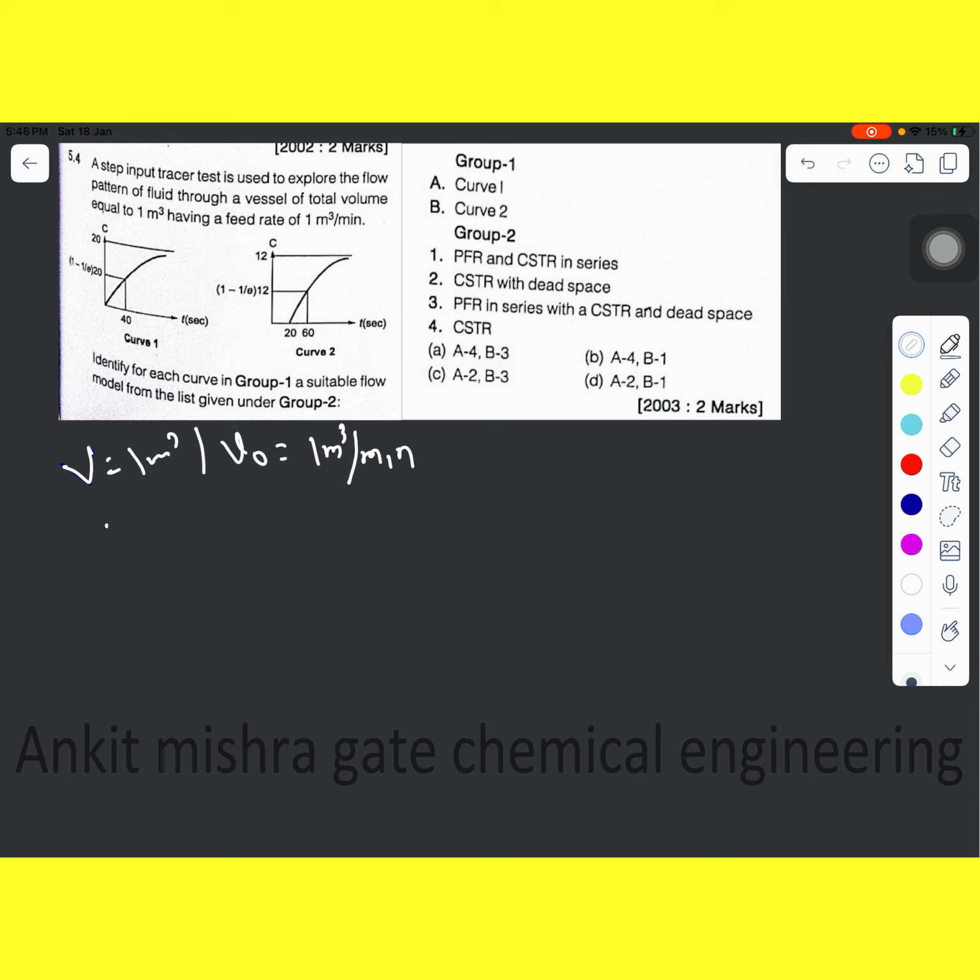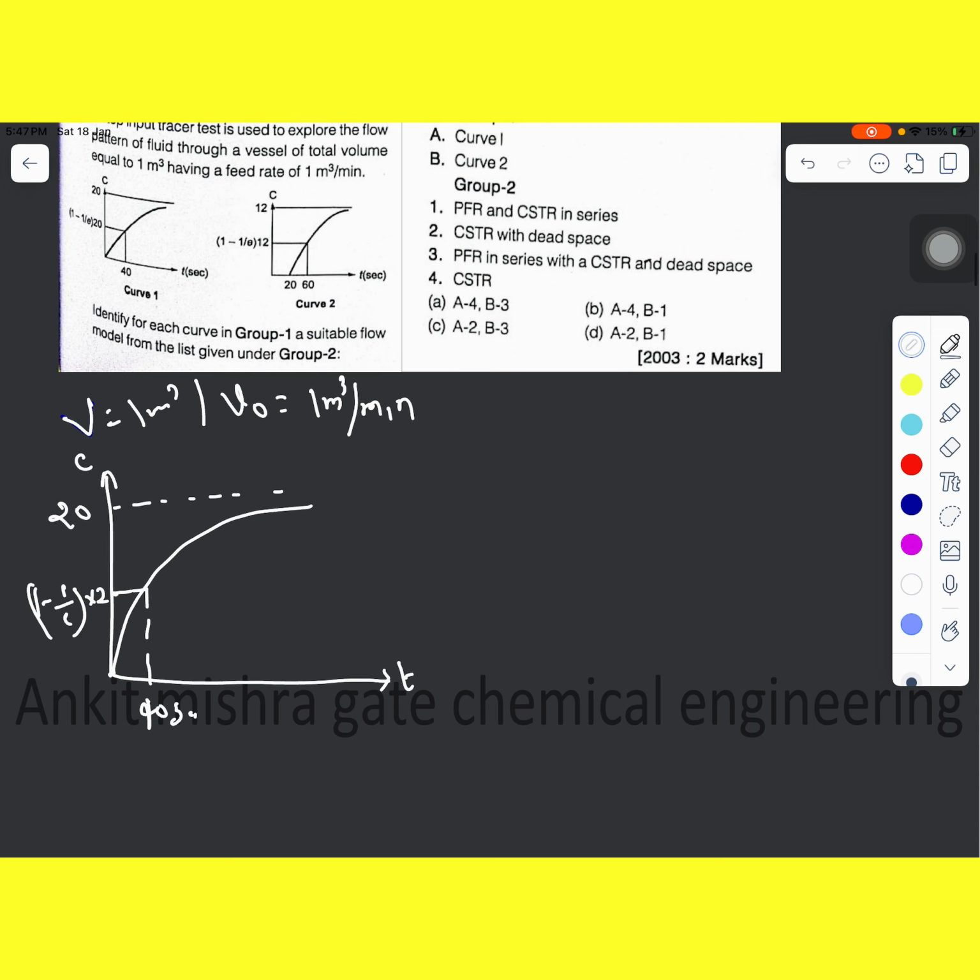Now the first curve, if you see here, looks this way, and at the end this one is there and 20. If this is C and this is time, at a particular time 40 seconds the concentration is given as 1 minus 1 by e multiplied by 20. When we see this curve, this step curve looks like CT equals C naught into 1 minus e to the power minus t by tau.